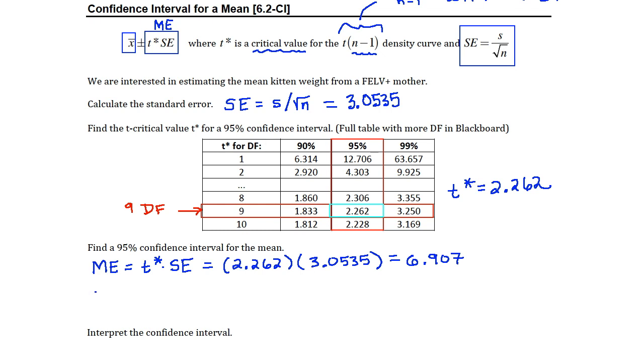Then I'm ready to do x bar plus or minus the margin of error. My x bar in this case we found earlier to be 92.51. So now I will add and subtract my margin of error of 6.907 to get my confidence interval.